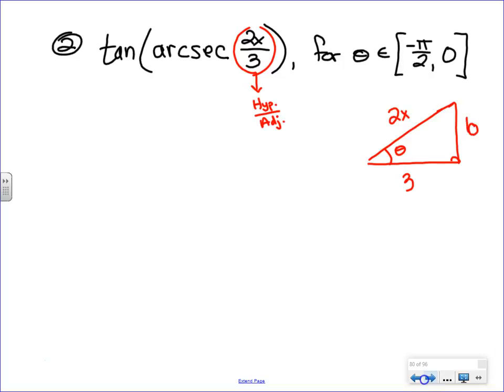Can I put a B? I don't like O for opposite. I'm going to put a B instead. Let's see if you guys did your math carefully with 2x squared. It goes 4x squared.